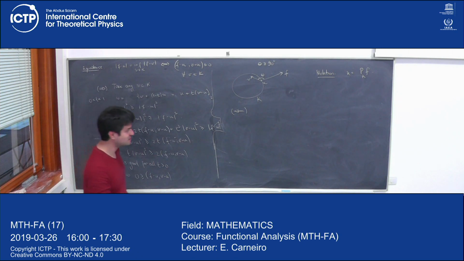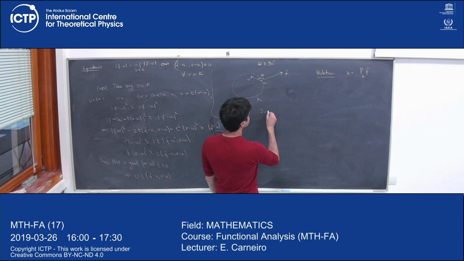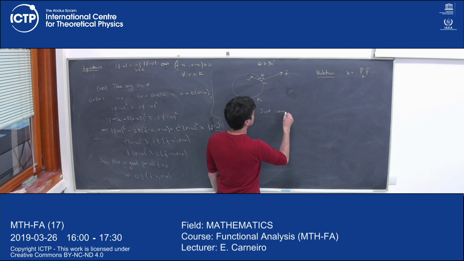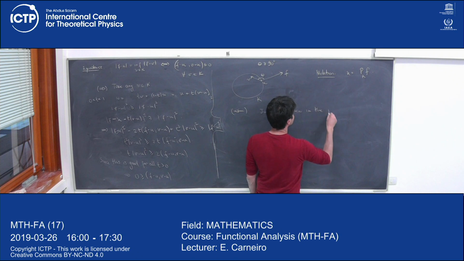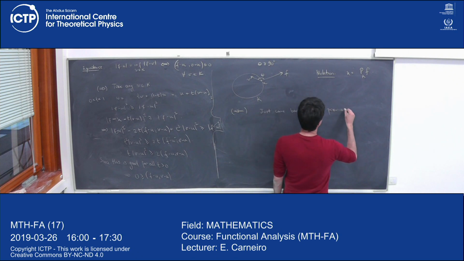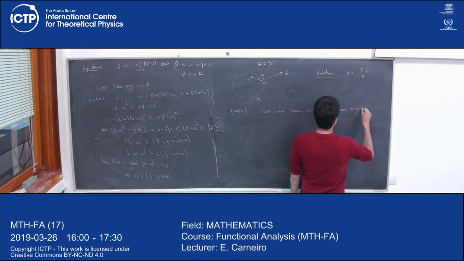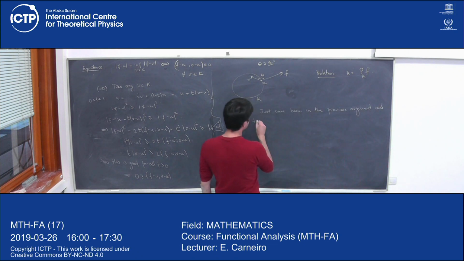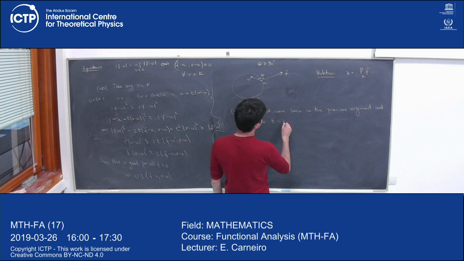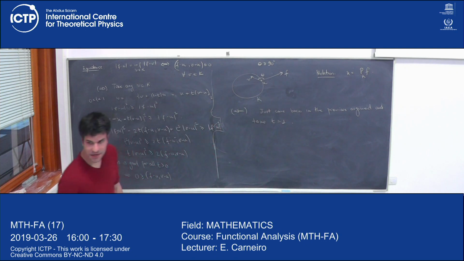So it's just coming back in the previous argument and taking t equals 1. Is that clear?